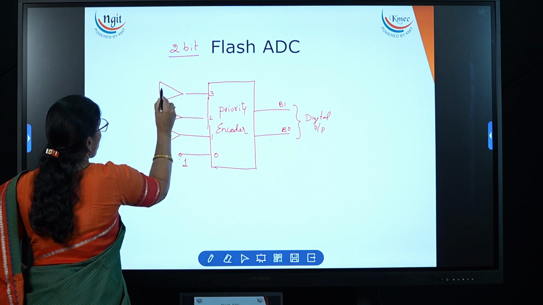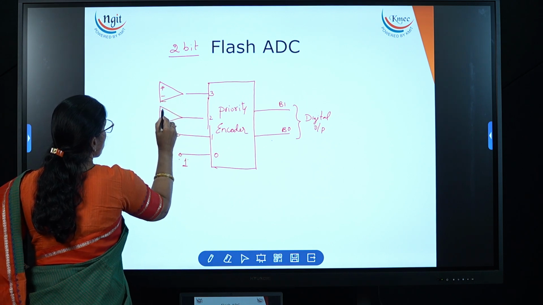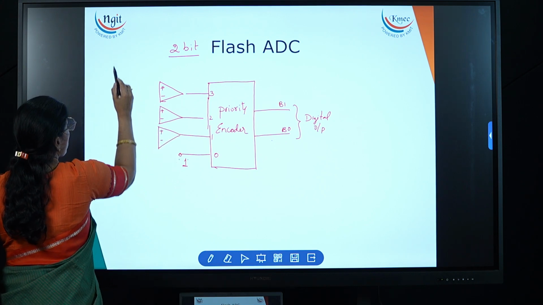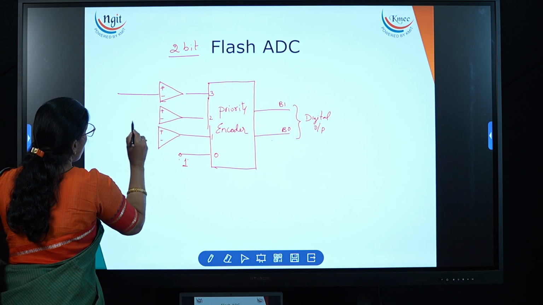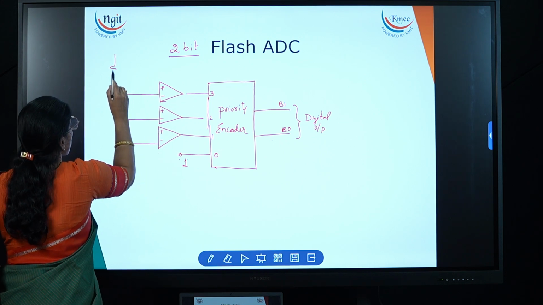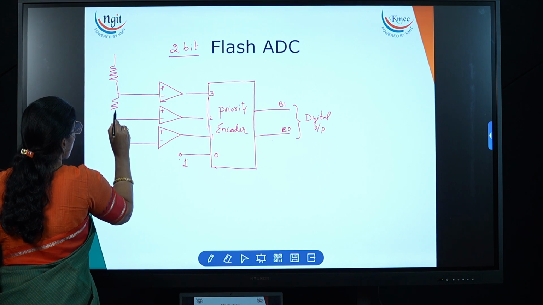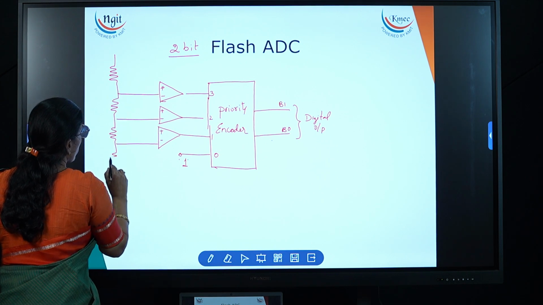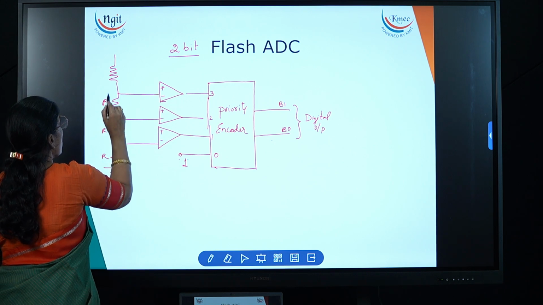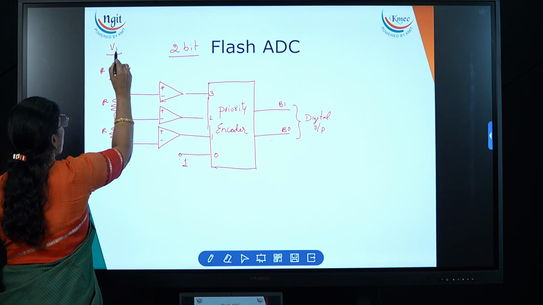Now here it has minus and plus, plus minus, plus minus. For the minus terminal I am applying the reference voltage. Now here one resistor, one more, total 4 resistors we have to take and those are equal resistors R. And here I am applying the V reference.